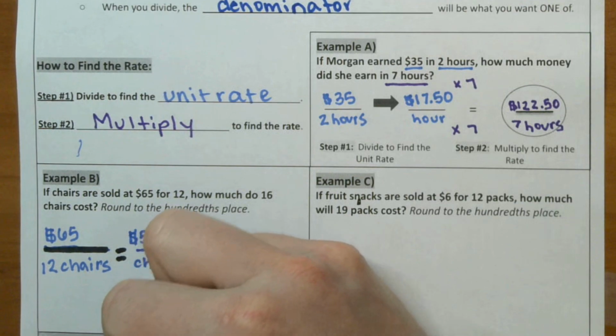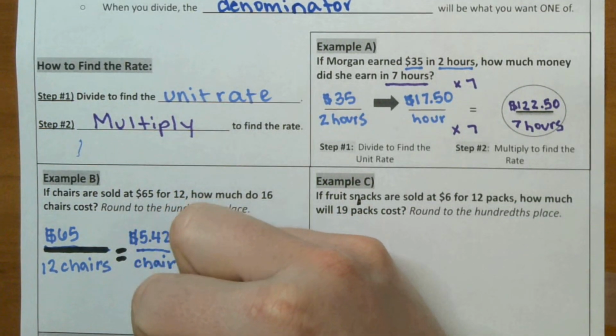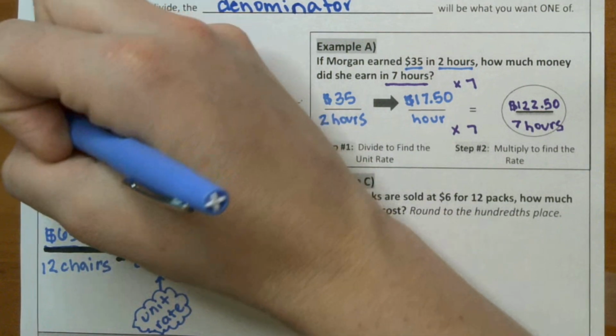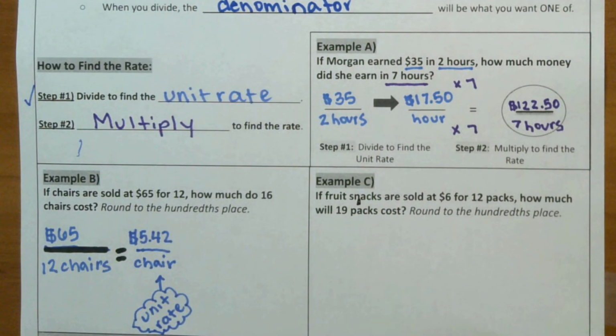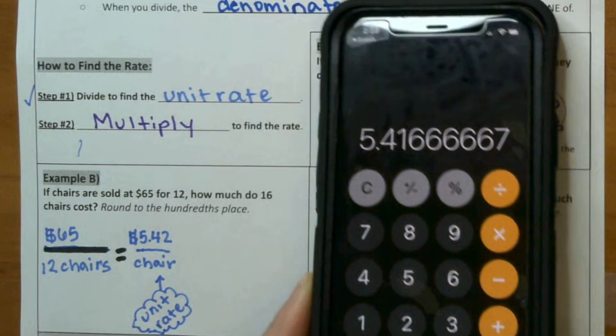Unit rate and unit cost are the same thing. We just say unit cost when it has to do with money and the price per item or the price per chair. All right, we completed step number 1. Step number 2 is to multiply to find the rate. So we need to multiply this by 16. Now, just a quick calculator note. Don't just multiply this times 16.